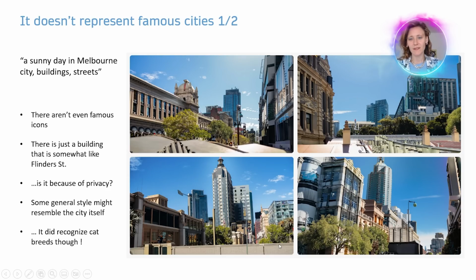And the overall style of the buildings kind of resembles the style of the buildings there, but it's not exactly that city. So you cannot say, okay, these photos are from Melbourne. Probably there is a reason behind that, maybe privacy, I'm not quite sure. But yeah, in case you want to represent a specific city, basically you can't.